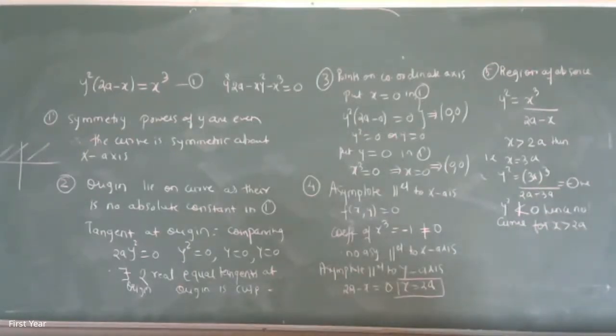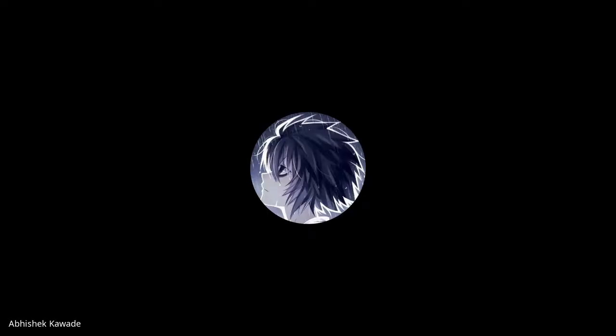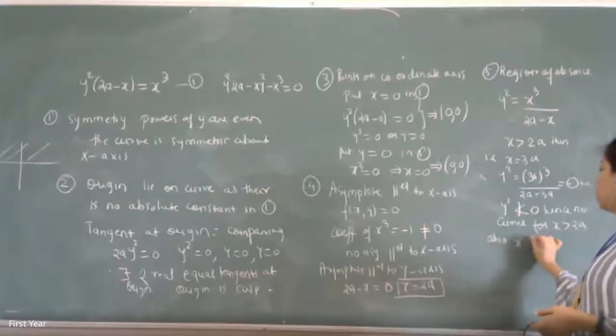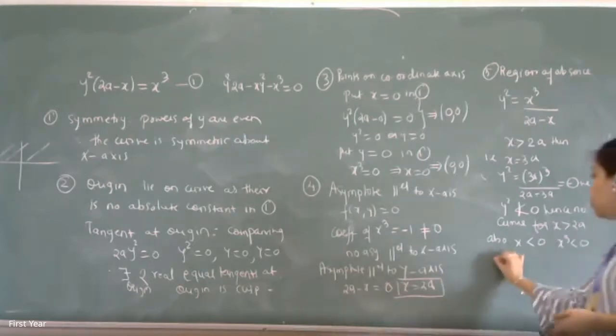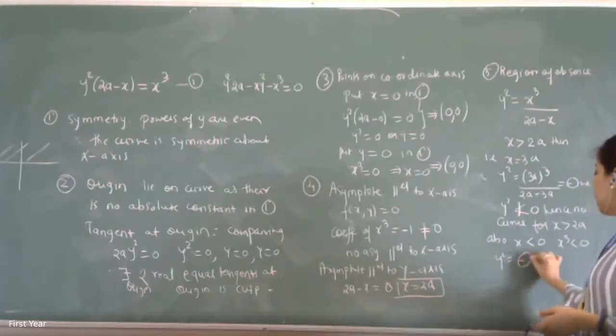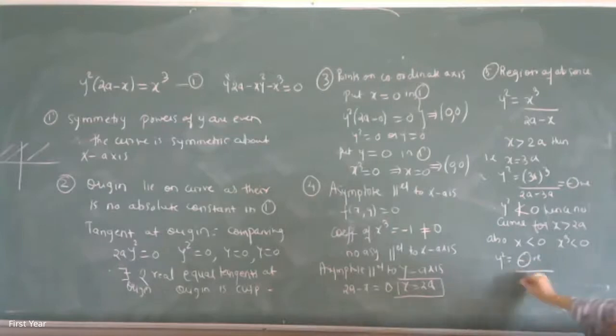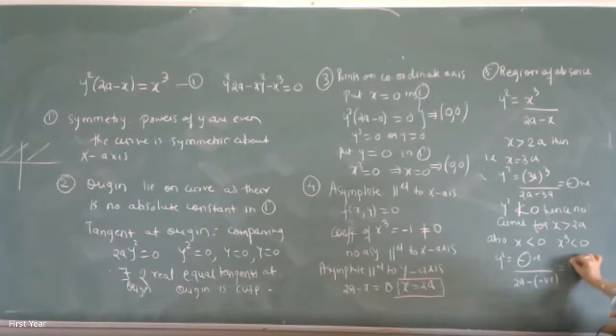Is there any other condition? X less than 0. Correct. For x less than 0, x cube will be less than 0. And therefore, y square will be a negative term divided by 2a minus a negative term. So the denominator will become positive now. Yes or no?